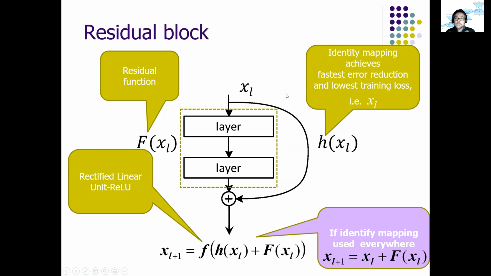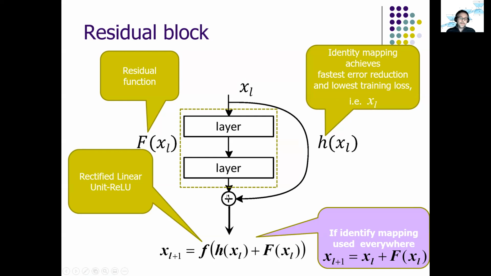The good thing is that just using the identity mapping helps a lot, and it makes calculations simpler than using, obviously, activation functions like convolutions at this step. They have found that identity mapping achieves faster error reduction, and at the end it can produce the lowest errors just by bypassing the function and just adding the input to the output of the residual block.